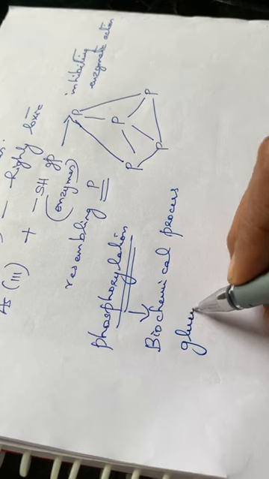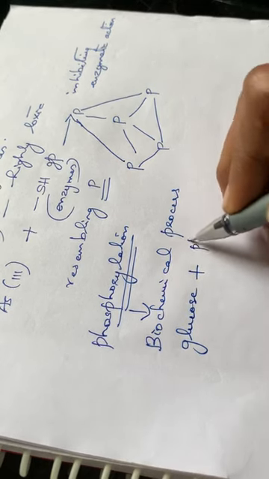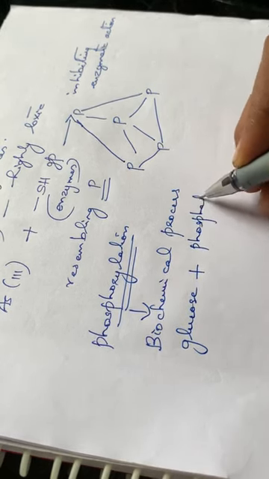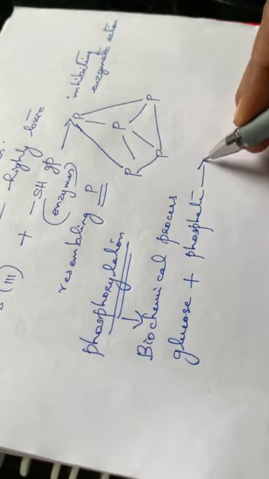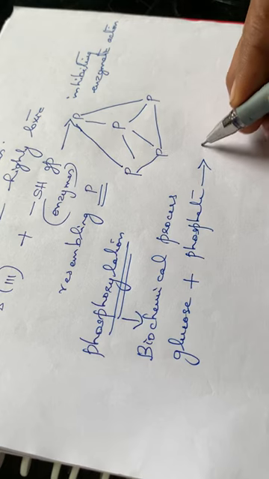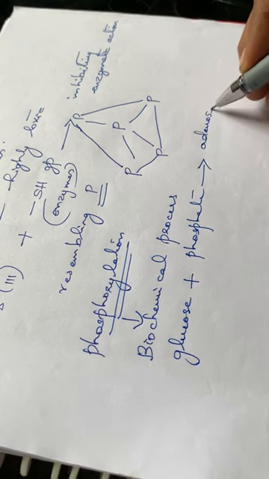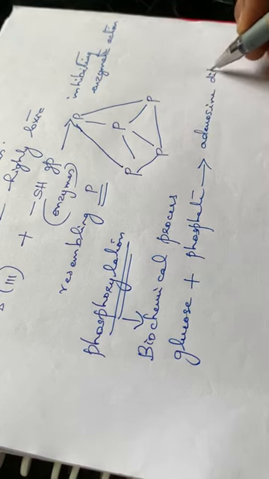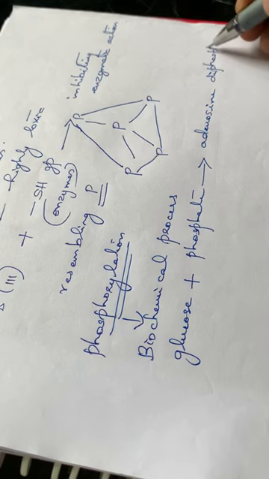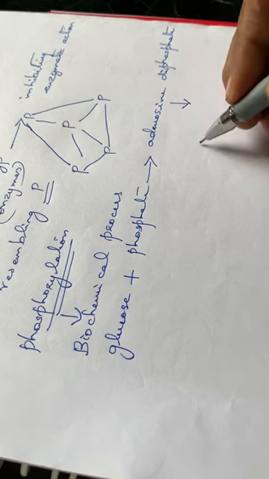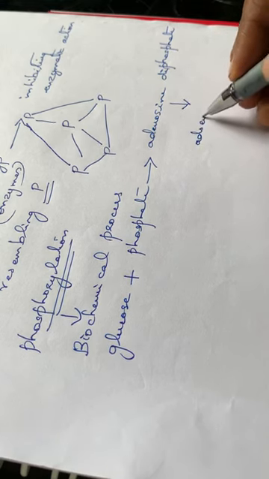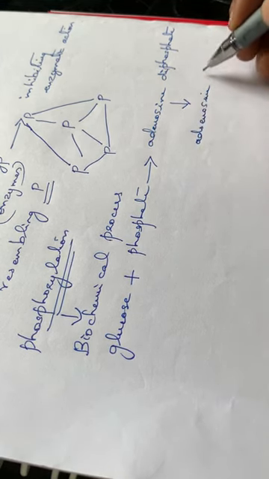This glucose reacts with phosphate, and this leads to the formation of adenosine diphosphate. Have you heard of adenosine diphosphate? Then again this adenosine diphosphate is converted to adenosine triphosphate.